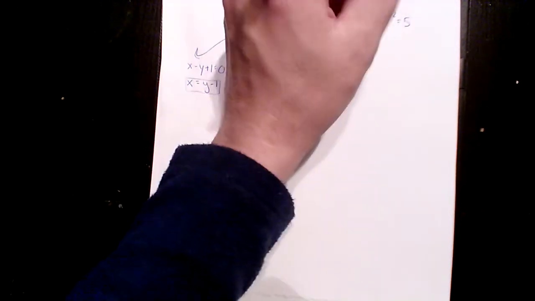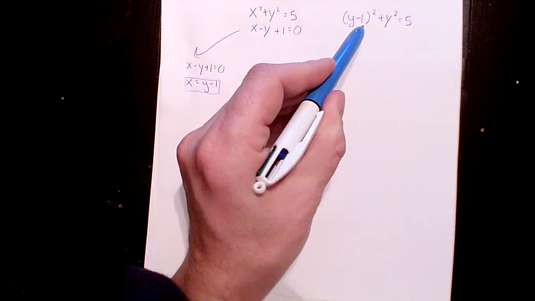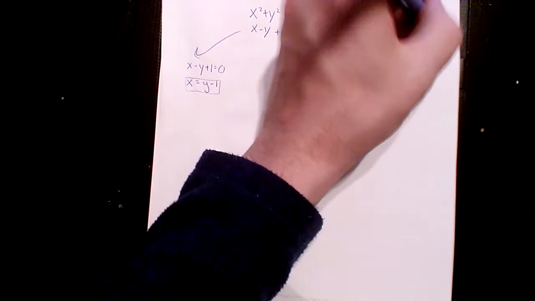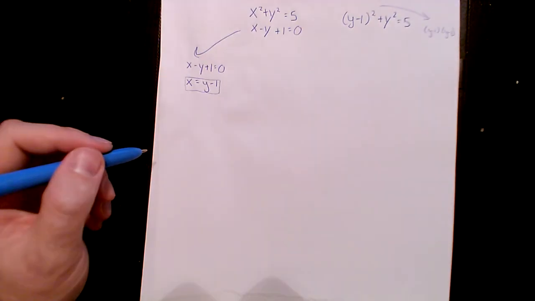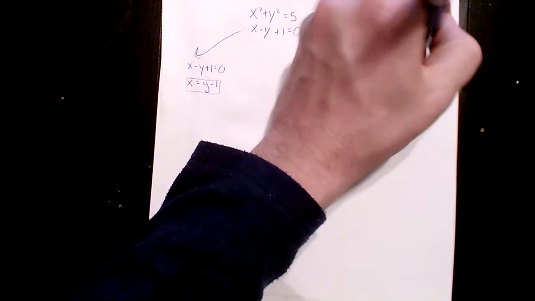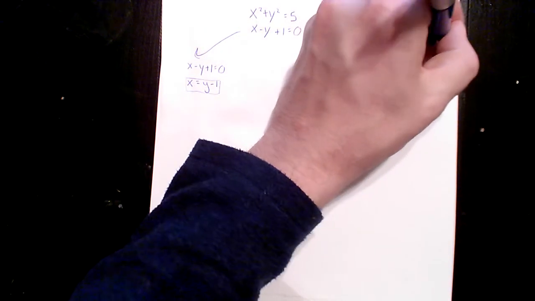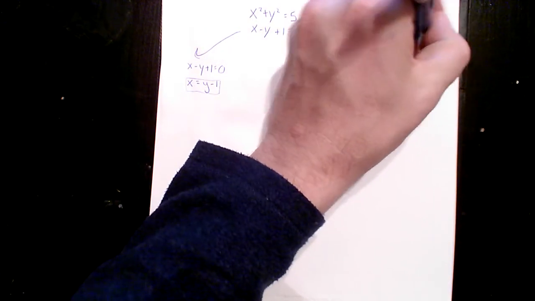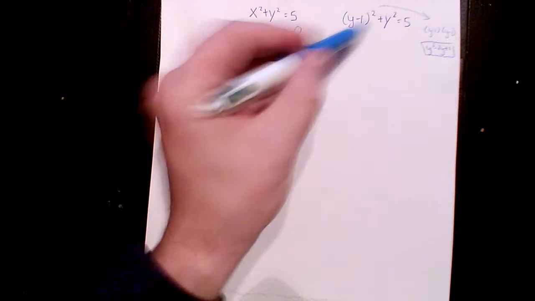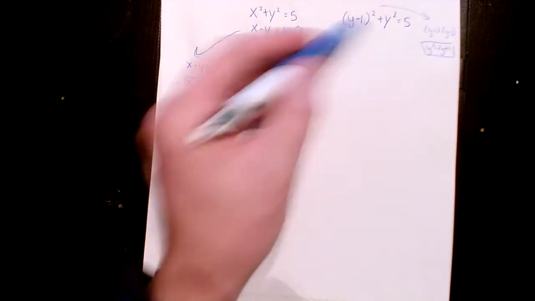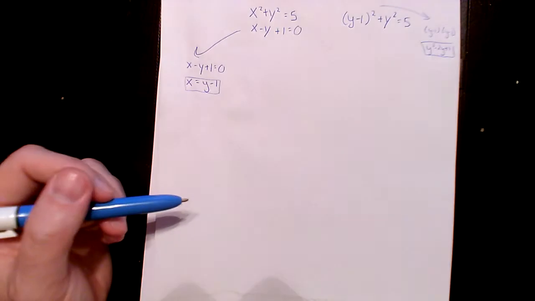Now if I take this bracket to the side and square it out, that would be y minus 1 and y minus 1. If I was to square those out, it would be y squared minus 2y plus 1. I'm just taking this out here and squaring it, not to have a mess in my main sum.